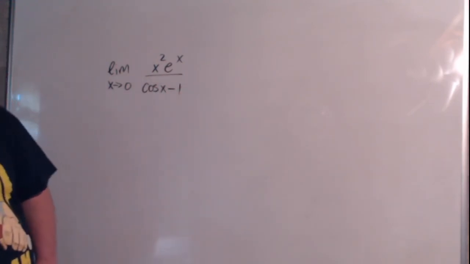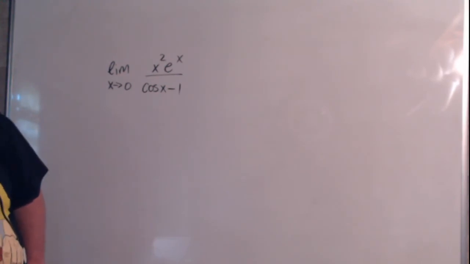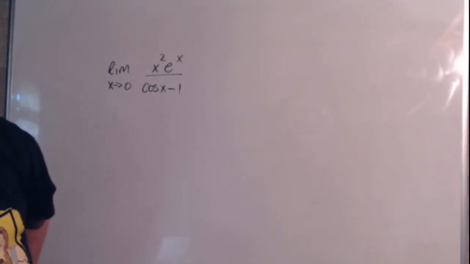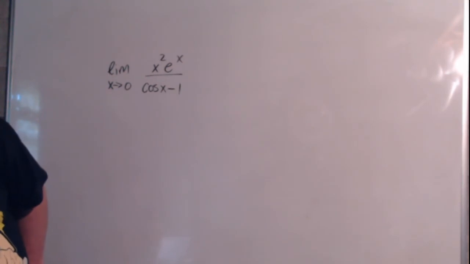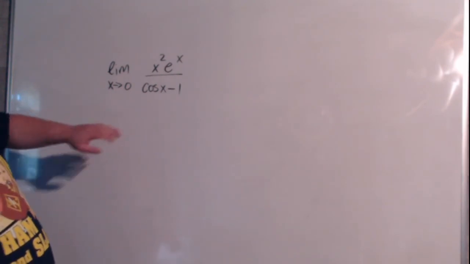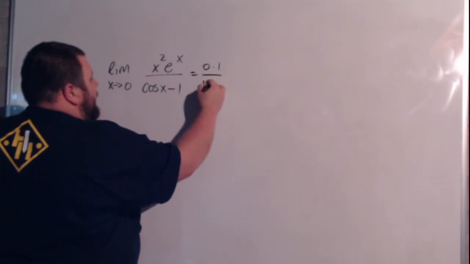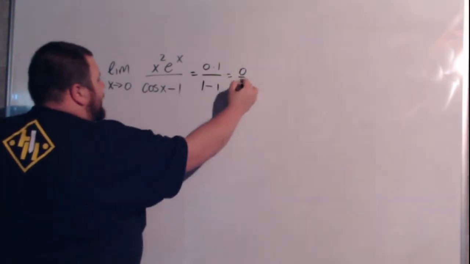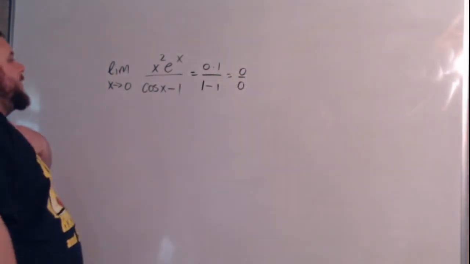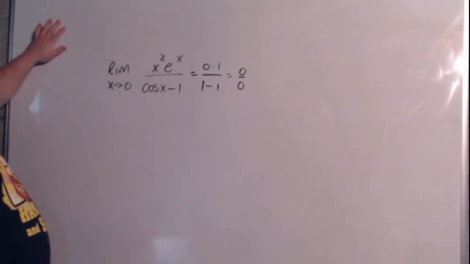And if you plug in 0 right off the bat, you would get 0 times 1 over 1 minus 1, or 0 over 0. Again, indicating L'Hopital's rule is applicable.